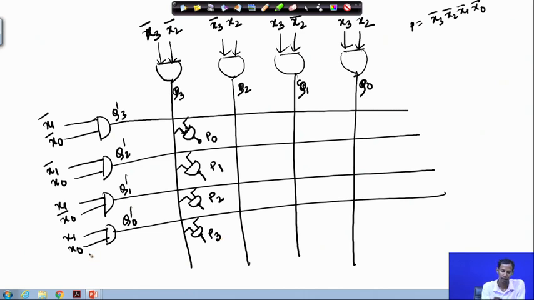So, you see here this is for 00 and this is for 11. So, this is the case of P3. Okay. So, for each case now you can find out using the same thing.